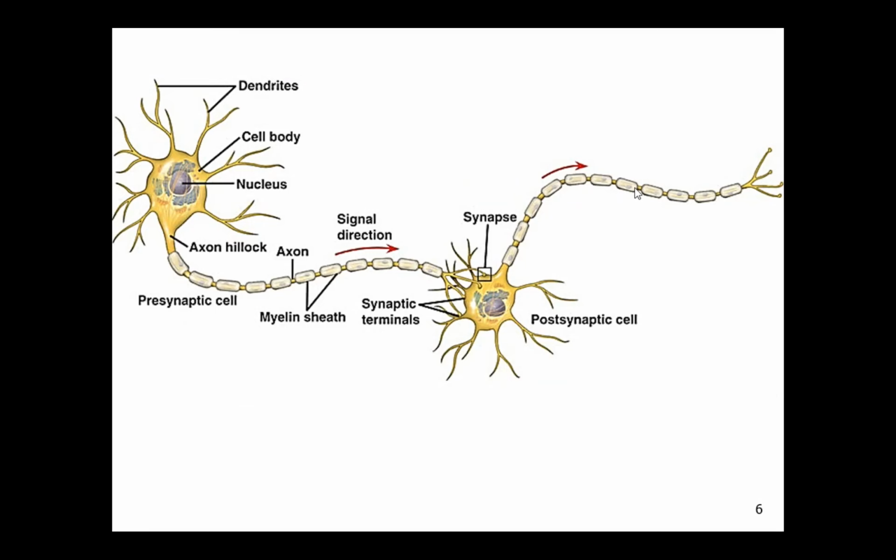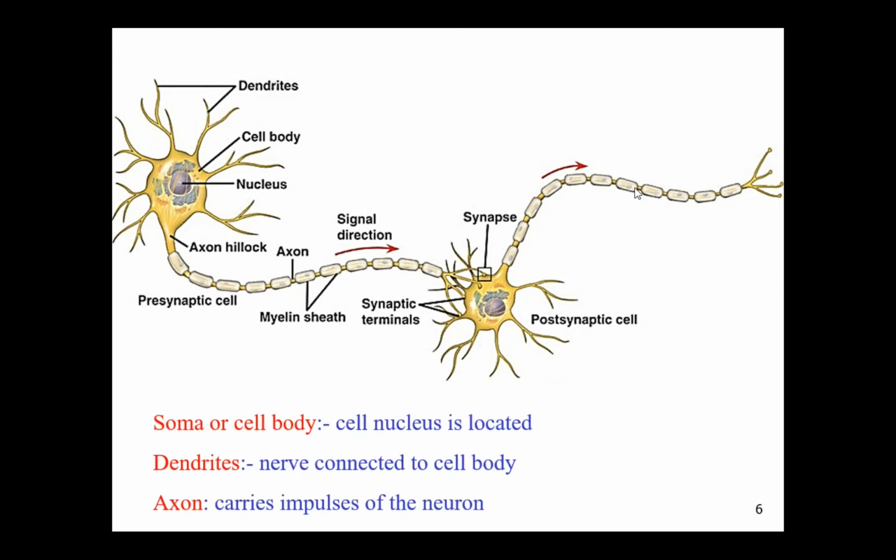Okay, here these dendrites are connected to the nucleus of the neurons by means of synapses. So here we have some terms: the soma or cell body. It is where the cell nucleus is located. Here you can see the cell body, where the nucleus is present.